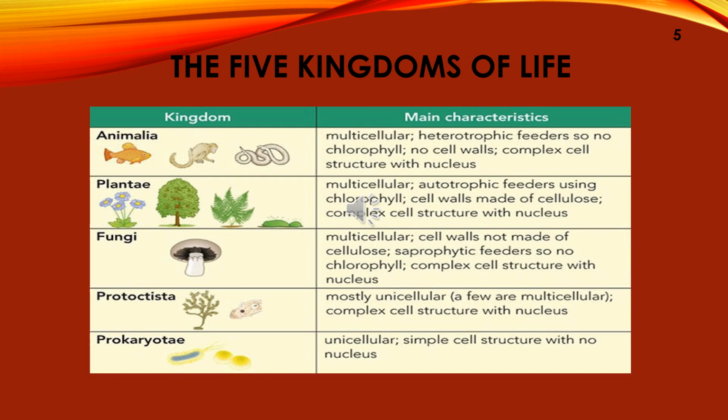I hope that you understand this part. Most of the part that you need to focus on is whether it's unicellular or multicellular, and the examples that you have. So I think this is important that you remember and that you continue listening and studying the 5 kingdoms of life.